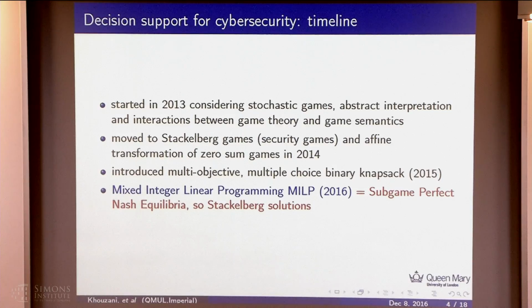We thought maybe we could approach this kind of problem using abstract interpretation, or by leveraging some connection between game theory and game semantics. There was some very nice work from Rada on a compositional approach to game theory using game semantics. We then found some inspiring work from California and Texas on the use of Stackelberg games for security problems, not cybersecurity but real-world security like police patrolling and so on.